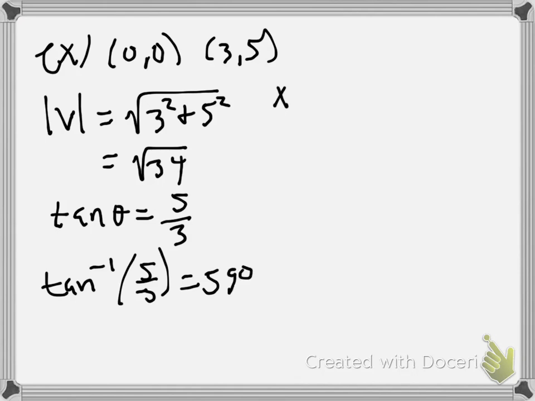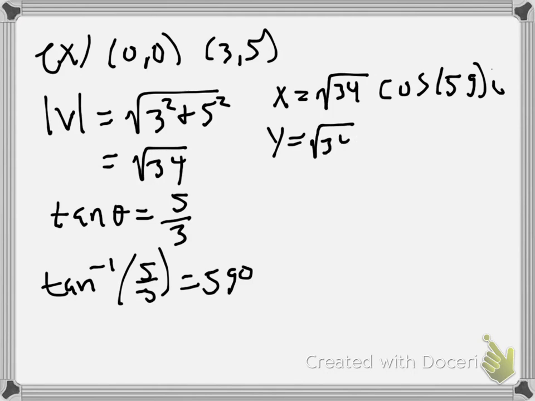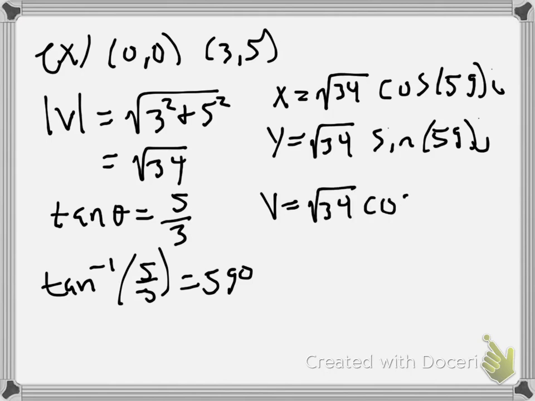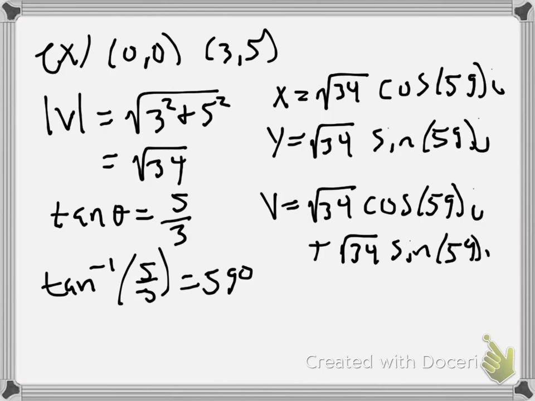So my x term is my magnitude, square root of 34, cosine of 59, i, and my y value is the square root of 34 sine of 59, j. So we could write that vector out: square root of 34 cosine of 59 i plus square root of 34 sine of 59 j.